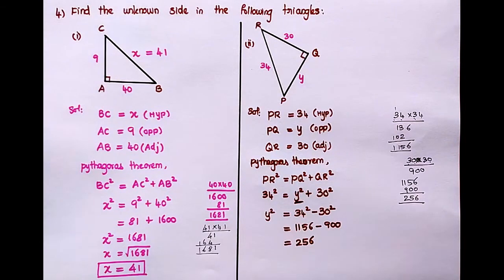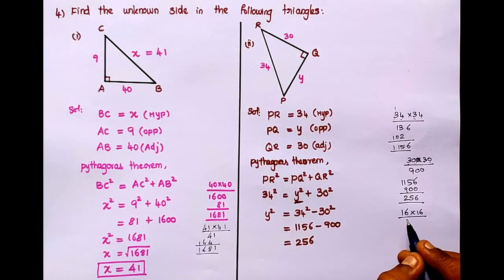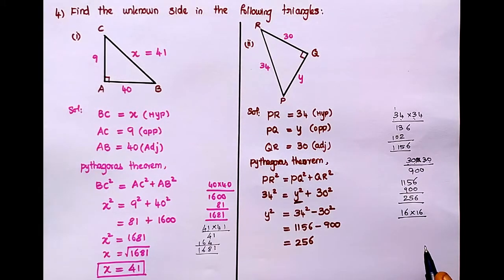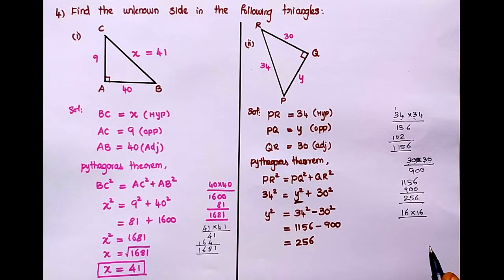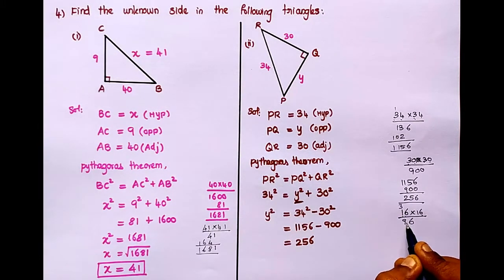256 means here, 16 16s are. You have to memorize the square numbers: 1 square is 1, 2 square is 4, 3 square is 9, like that. You have to know a minimum of 20 numbers, then only you can easily solve this problem. Listen, 6 6s are 36, 1 6 is 6 plus 3 is 9, 16 ones are 16.